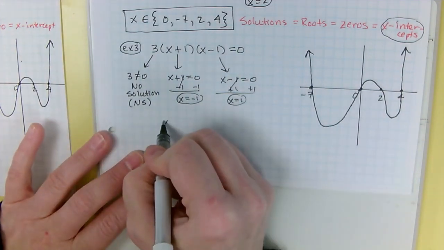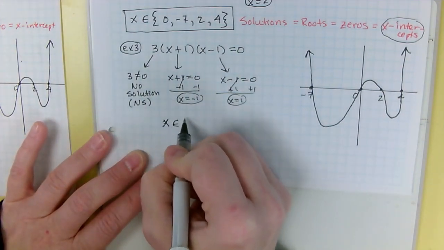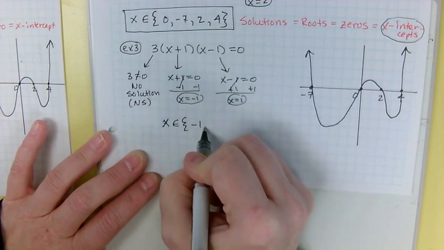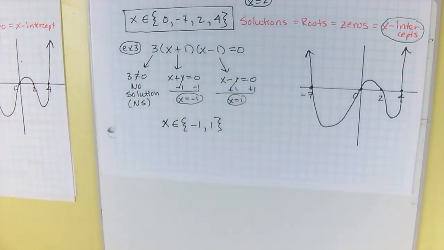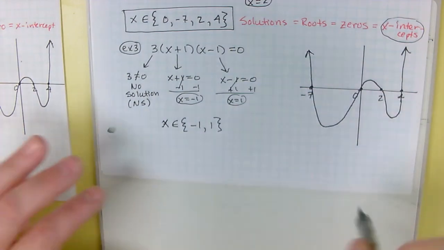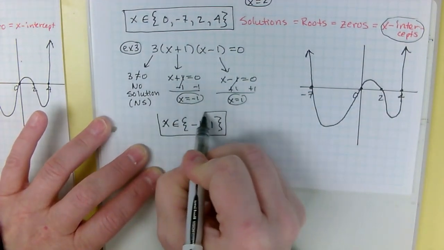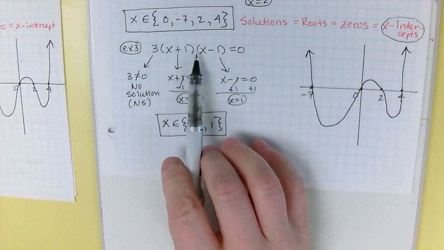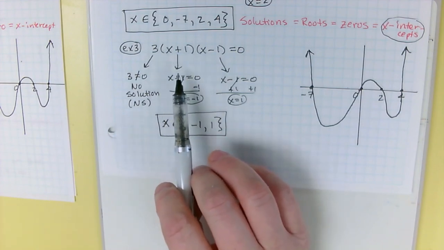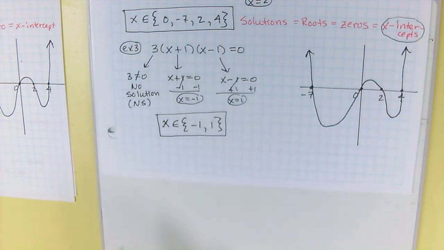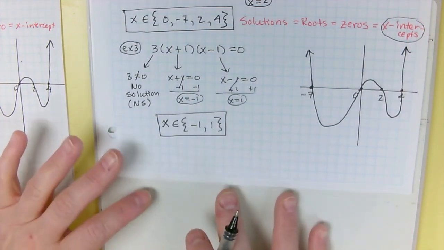So your solution is x is an element of the set containing -1 and 1. And this makes sense because the original only has 2 x's. The number of x's in the original is how many solutions you have. It might contain duplicate solutions, but that's how many solutions you should be solving for.